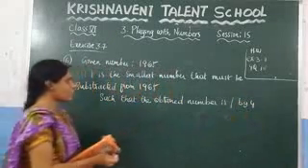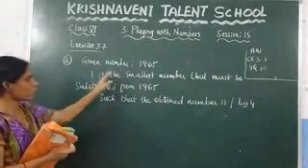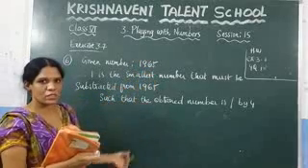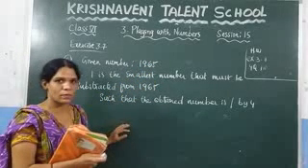Just now we have done. So if you subtract 1 from this number, you are getting the number which is 64, and you know that 64 is divisible by 4.